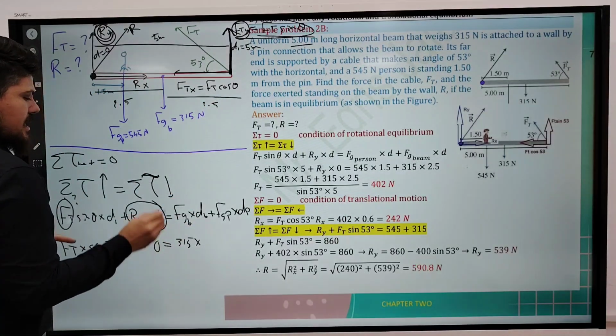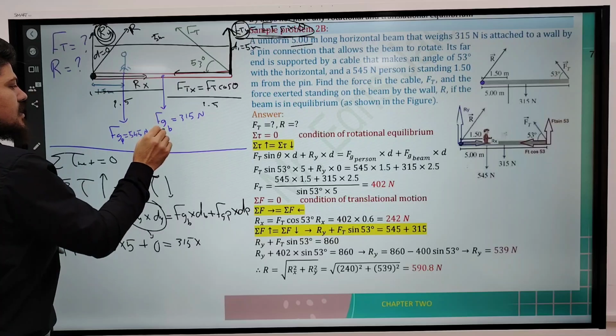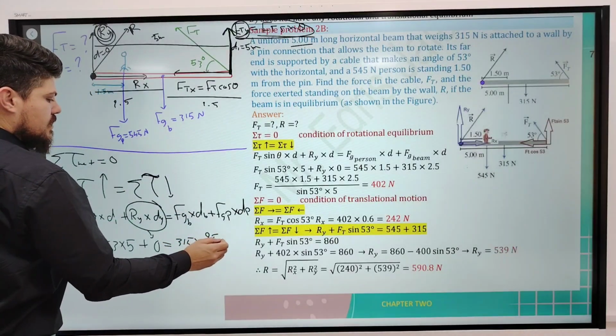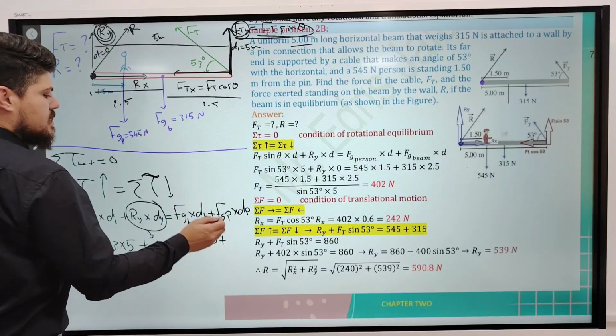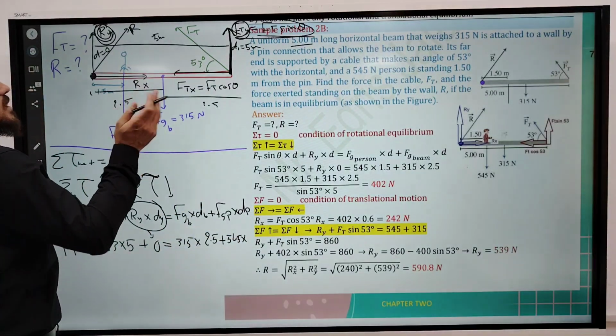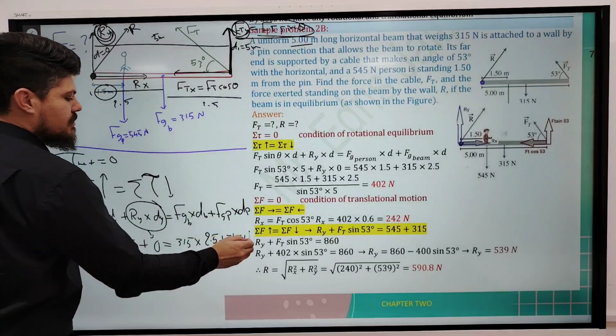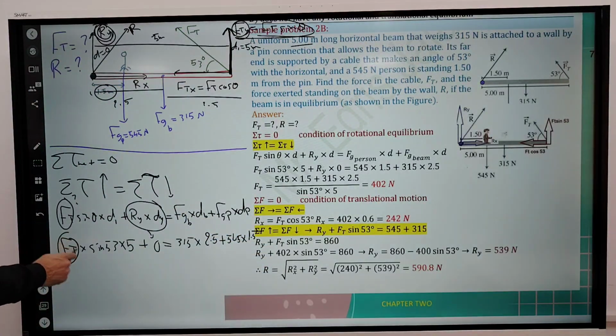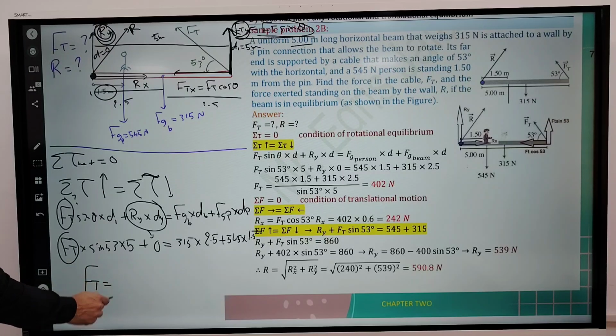The distance of the gravitational force of the beam to the axis of rotation is 2.5, plus Fg of the person, 545. The distance of the person was given directly in the question, 1.5 meter from the axis of rotation. So how many unknowns do we have? One unknown.